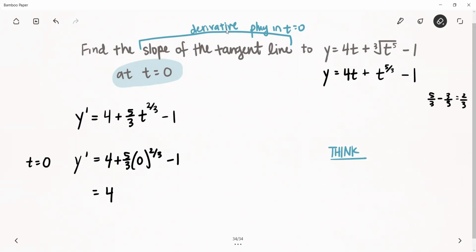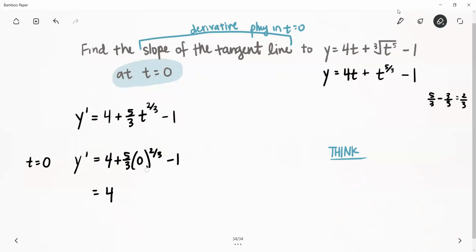But as long as it's not 0 to a negative, and it's not 0 to the 0, because both of these are not good situations. If it's any positive exponent, though, we should be fine. Because you can take the cube root of 0. You could take the square root of 0. Radicals are fine.